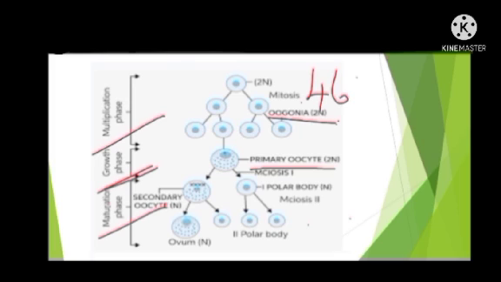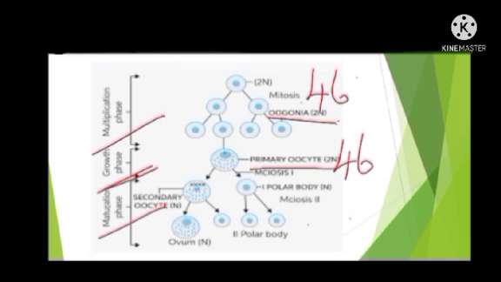So the growth of that oocyte occurs. The primary oocyte goes on increasing in size, thus growth occurs, so we can say this phase is the growth phase. But the cell is not undergoing any division, only growth is taking place. So it is also diploid in nature, having 46 chromosomes.